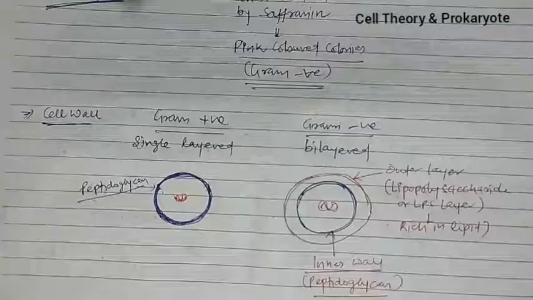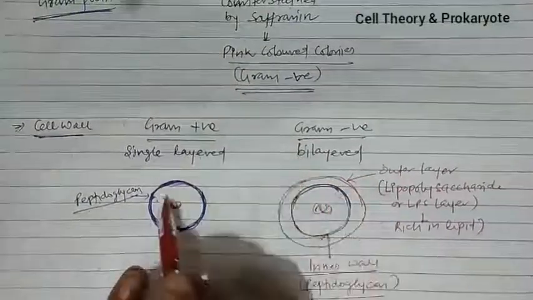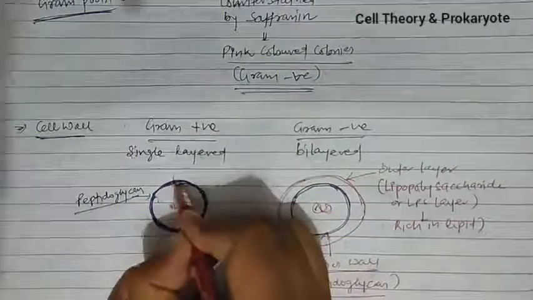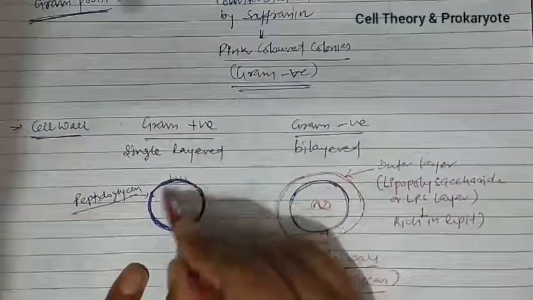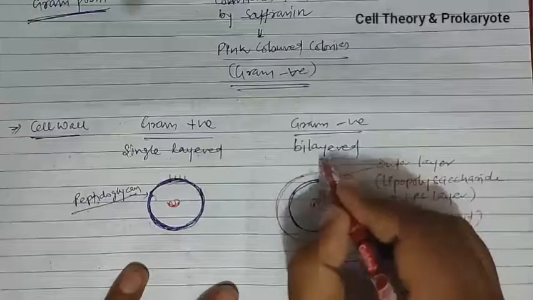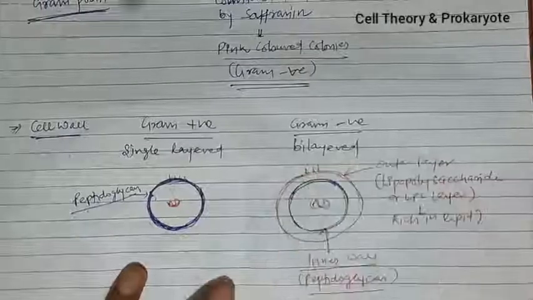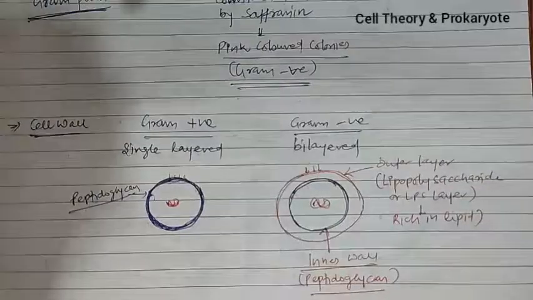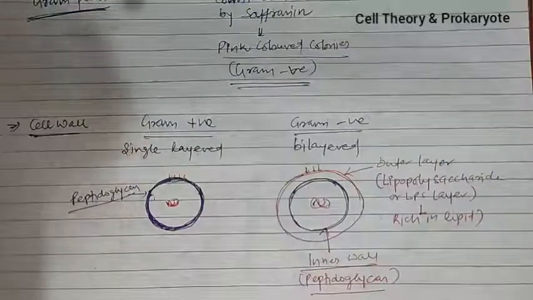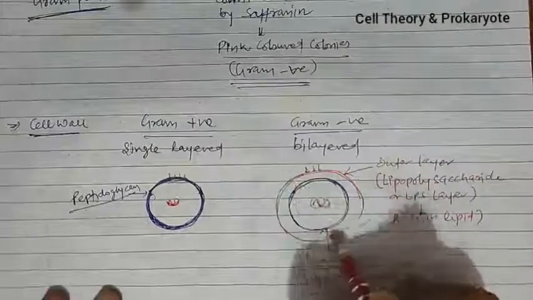Now when both bacteria are stained with gentian violet first, they take up the gentian violet. When we stain gram negative bacteria, the purple stain goes into the LPS layer, the outer wall.